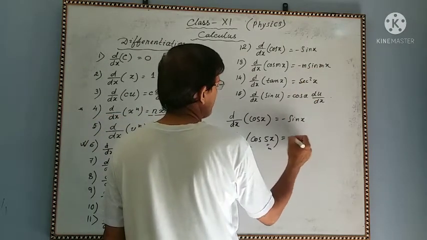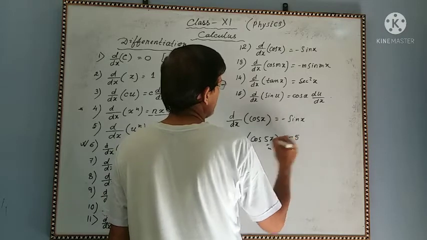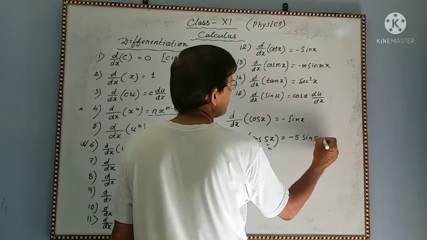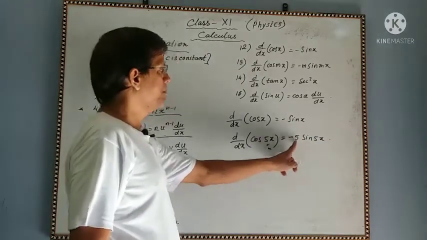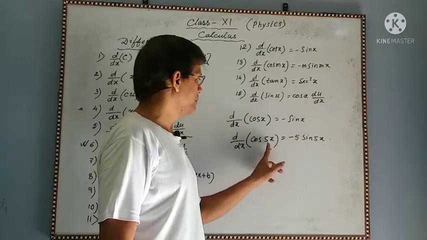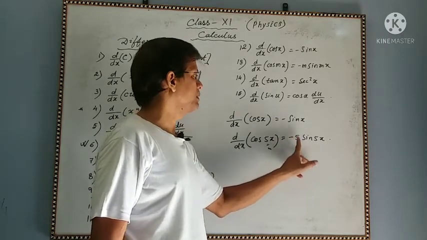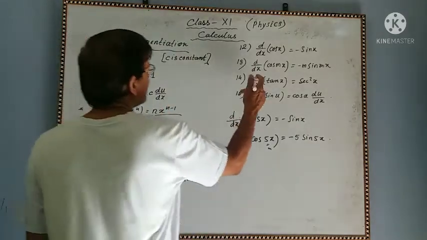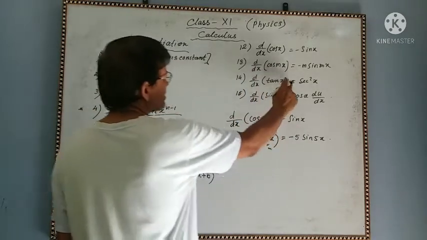Minus m, so minus 5, then cos is sin mx, mx means 5x, so minus m sin mx. Here m is 5, so minus 5 sin 5x. Then this is direct, you will get direct differentiation.